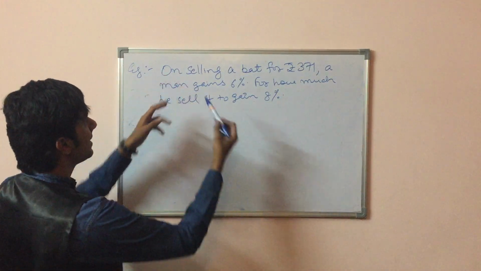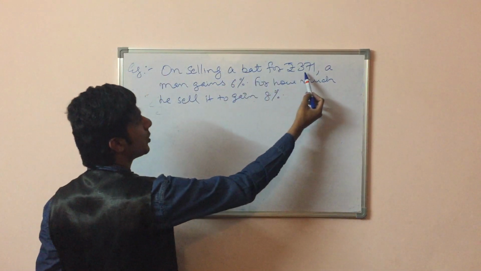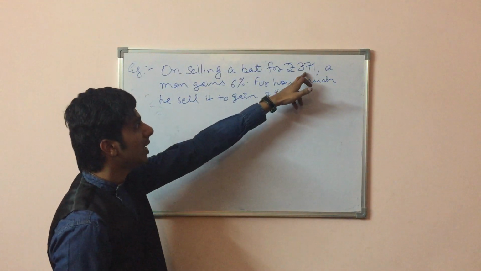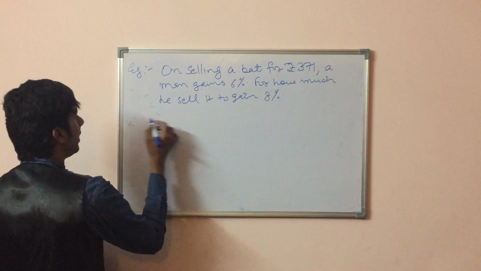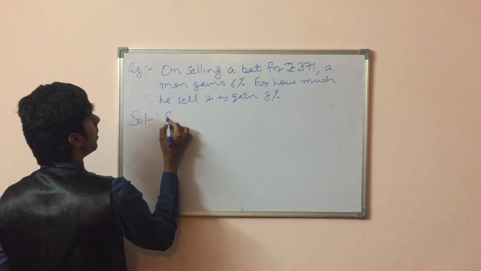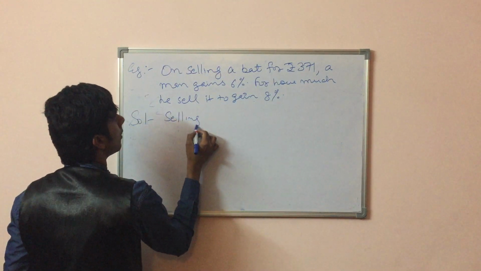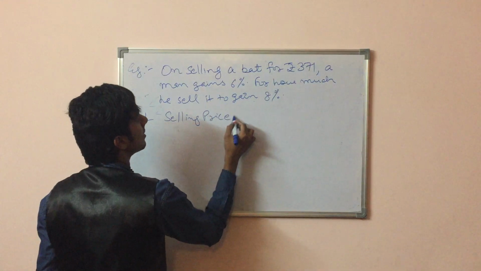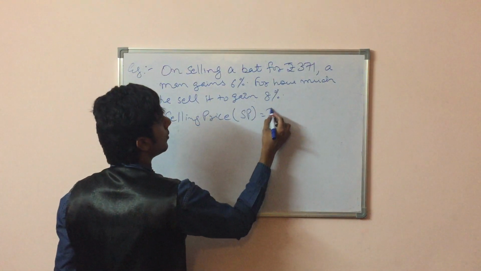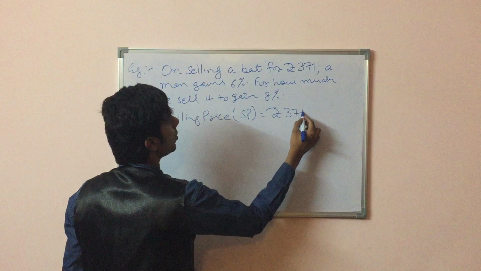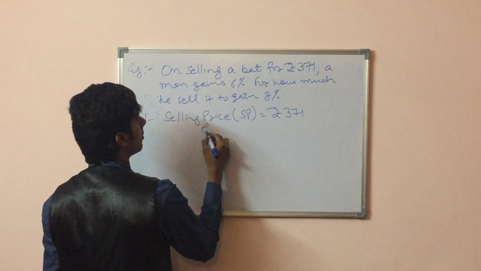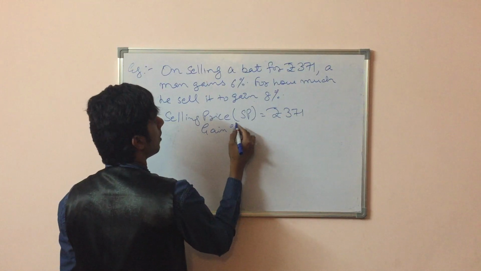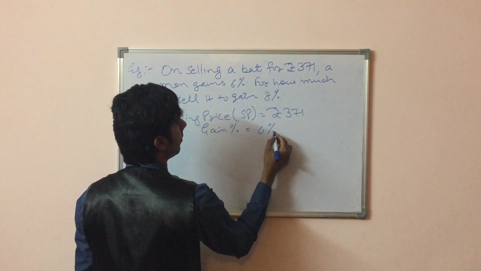In the first case, they are saying on selling a bat for rupees 371, meaning the selling price is given to you, 371, a man gains 6%. So let us say selling price is rupees 371 and gain percent is 6%, right?